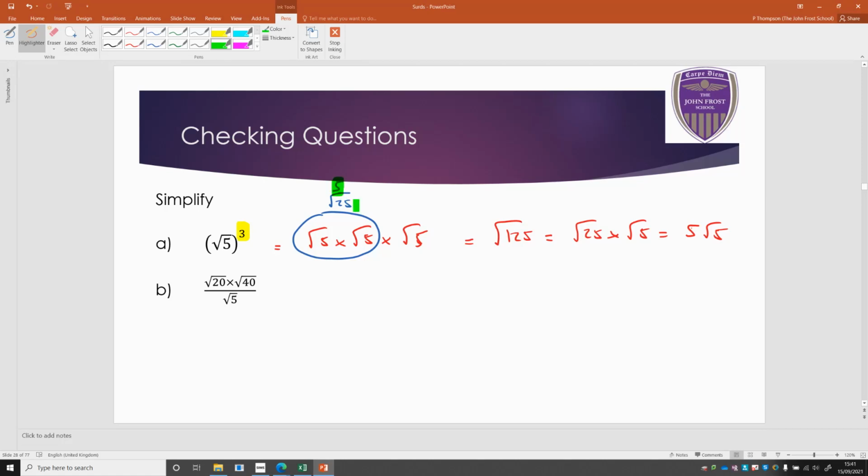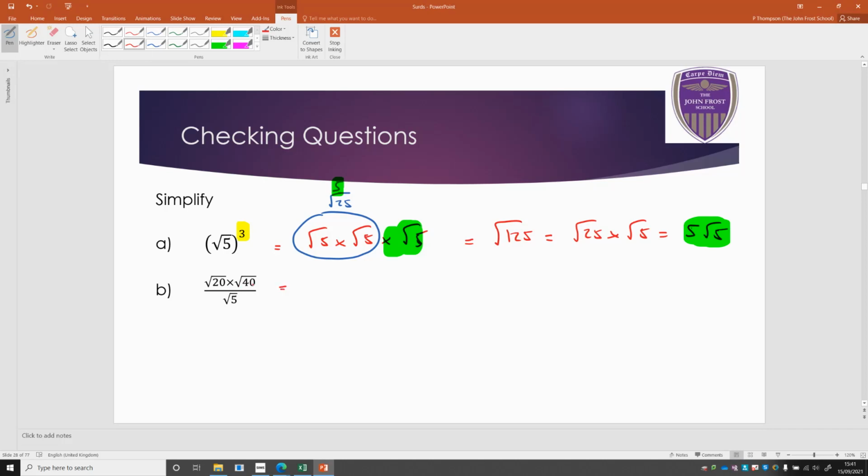And look, if you do 5 times root 5, what do you get? 5 root 5, just quicker. The trick is that if you square a surd, if you times a surd by itself, it will cancel out or kill the surd, whatever you want to call it. And you'll get back to the original number. If you square a surd, you get back to the original number. And that trick is very powerful and works all the time.